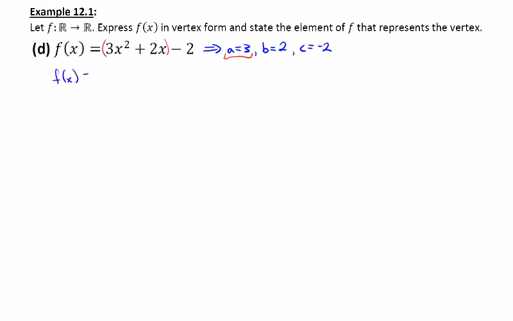So f of x is going to equal 3 times, so certainly 3 multiplied with x squared is going to give me 3x squared. But the harder part is, what am I going to multiply 3 with to be able to get back to 2x?